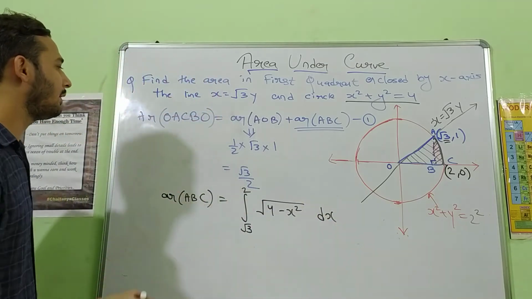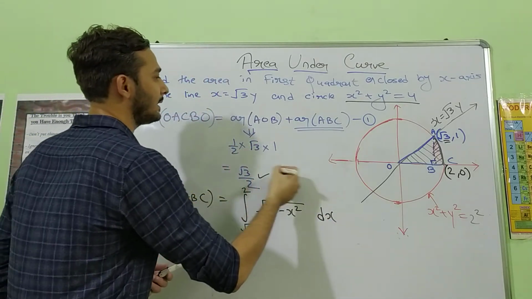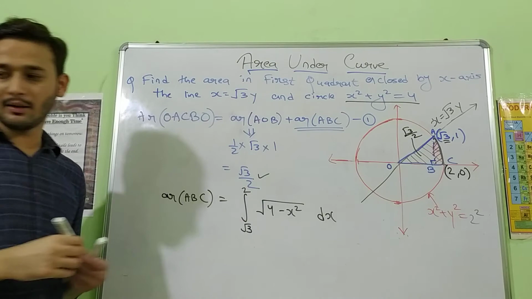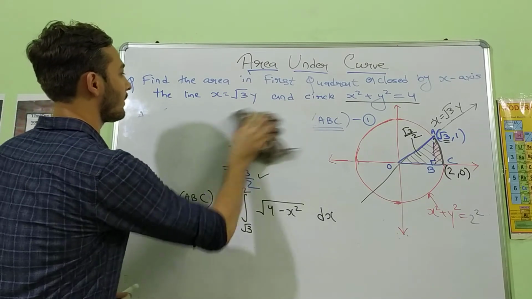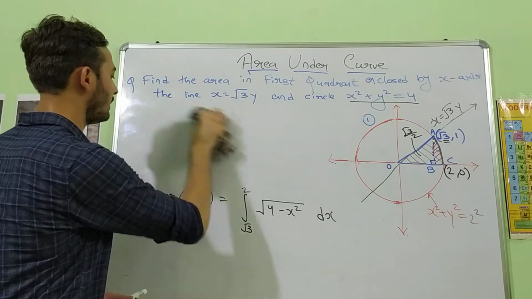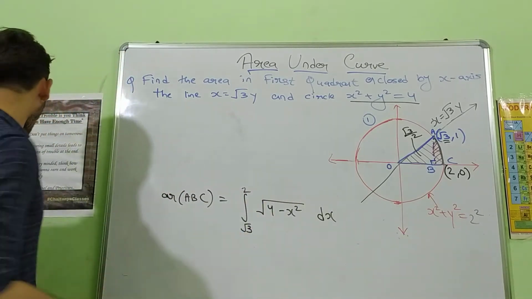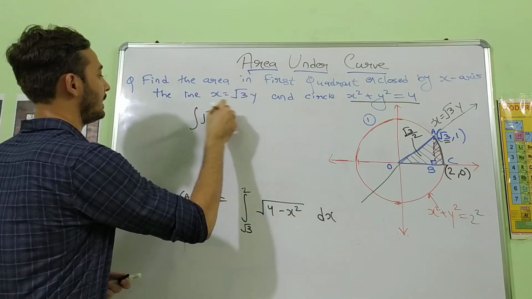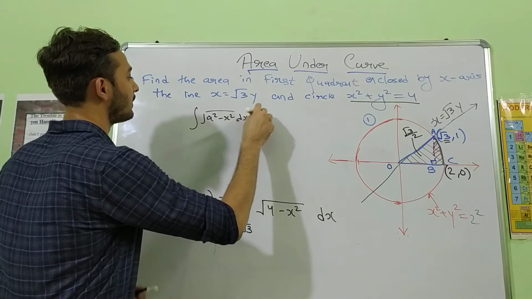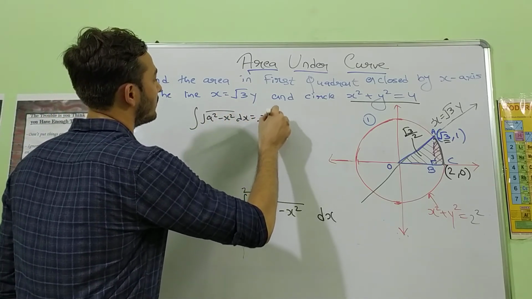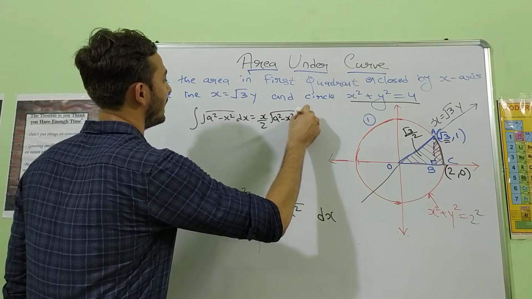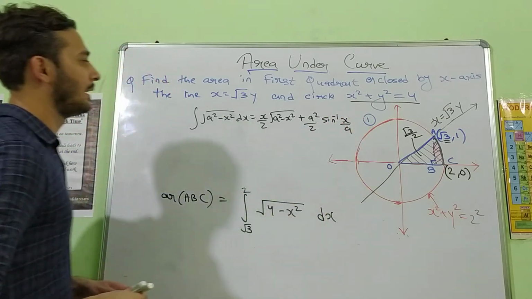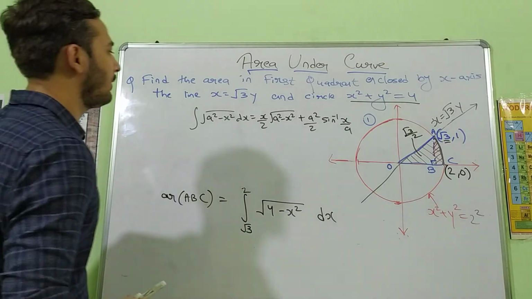Now this is a standard formula we know. Remember this? We have got the area AOB as root 3 by 2. Right? Now let's rub this part. This is a standard formula. What is the formula? The integral of root a square minus x square is x by 2 root a square minus x square plus a square by 2 sine inverse x by a.